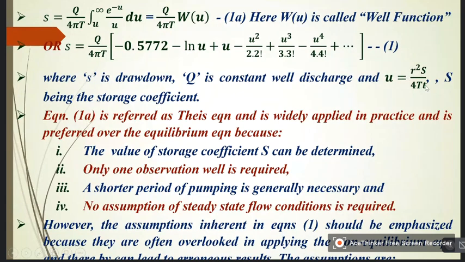So at any time from the beginning of the pumping, at any radial distance R, for an aquifer whose storage coefficient is S and transmissivity is T, the drawdown is given by this expression: s is equal to Q divided by 4 pi T into well function.